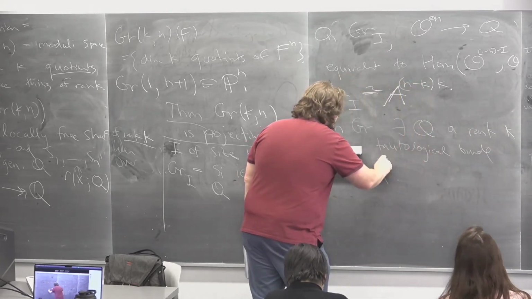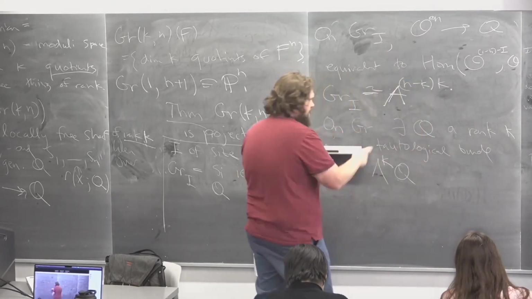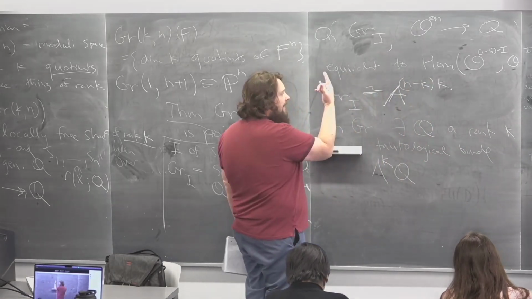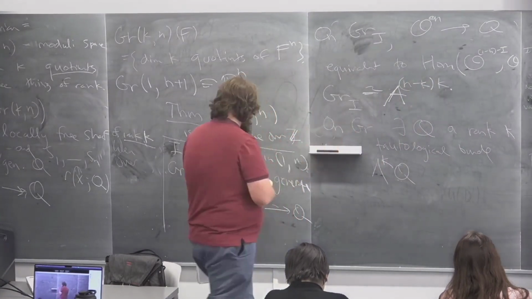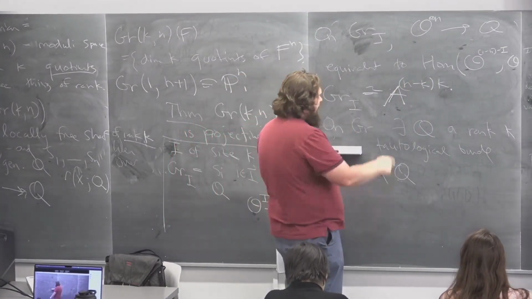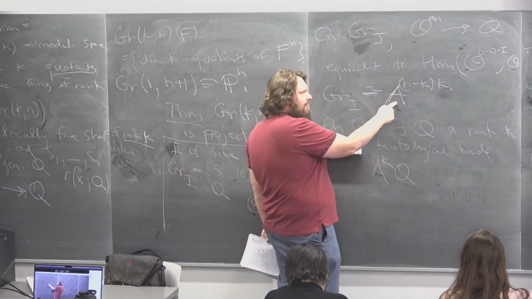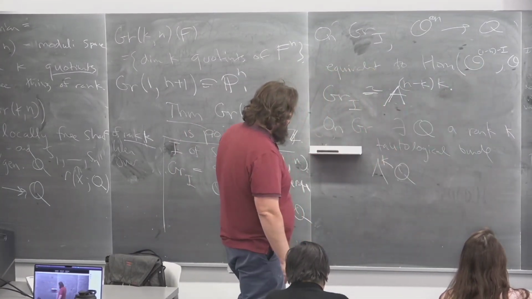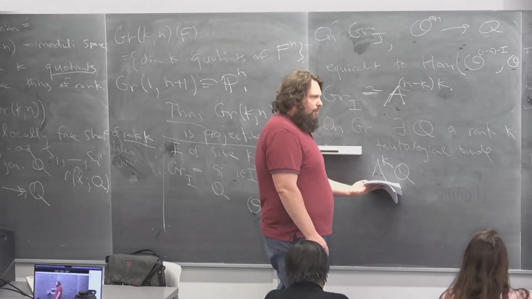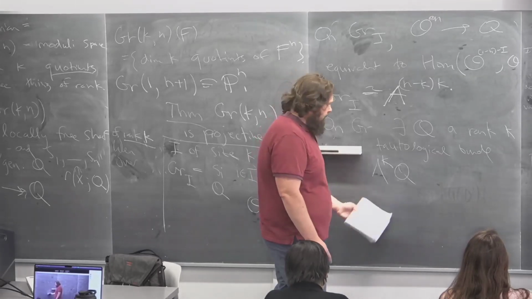If I take the kth wedge power of this, this is the bundle whose fiber at each point is the quotient itself. I can glue it together by looking at this affine space and thinking of this as a bundle on the affine space. So this is a natural way of cooking up a line bundle.